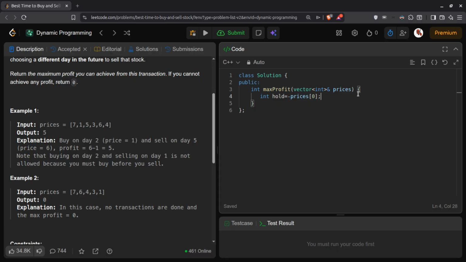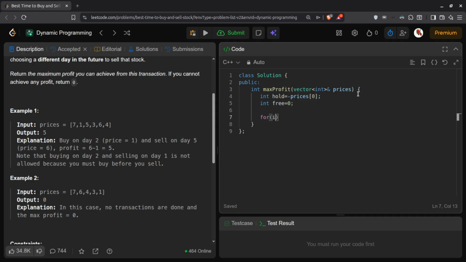That's why initially it is negative. After that, int free means you didn't buy the stock at index 0.